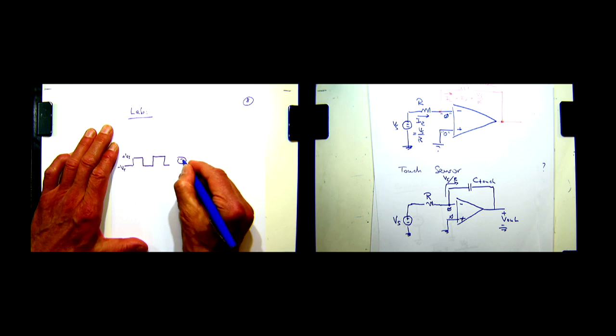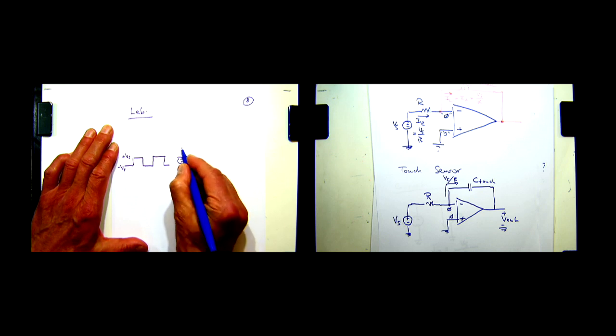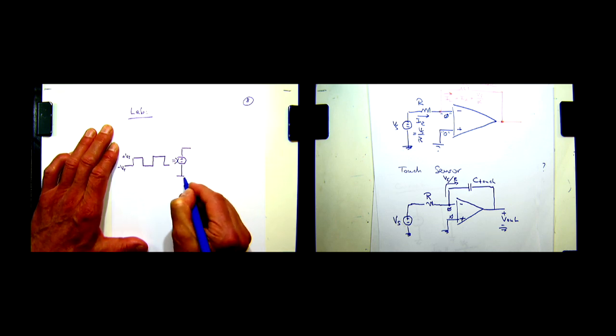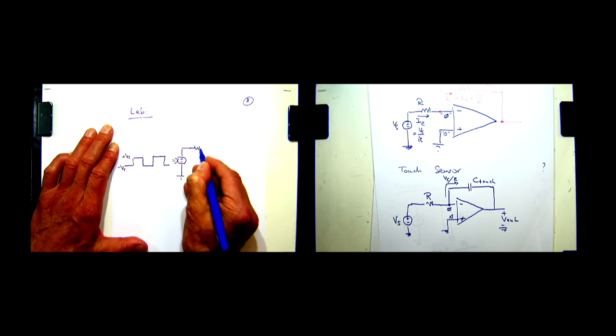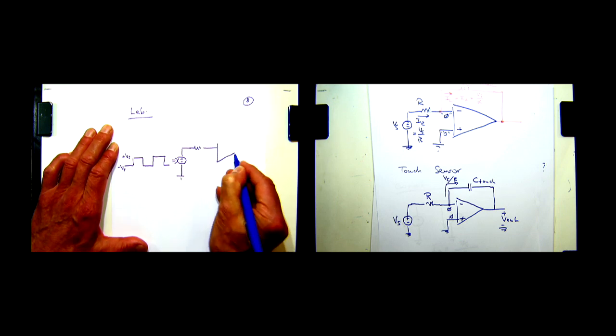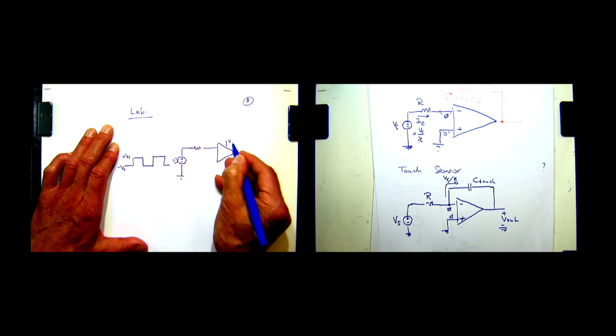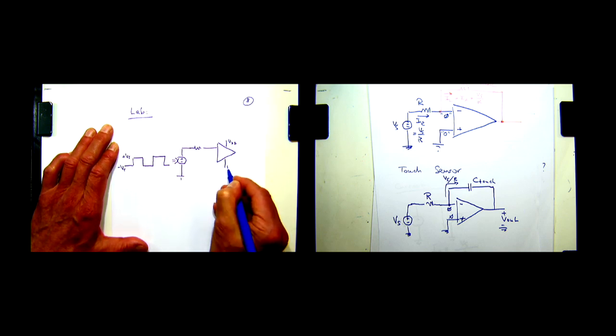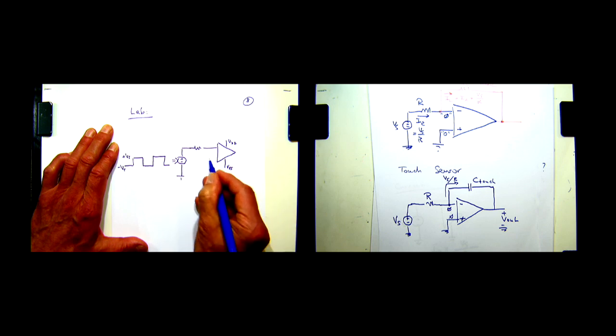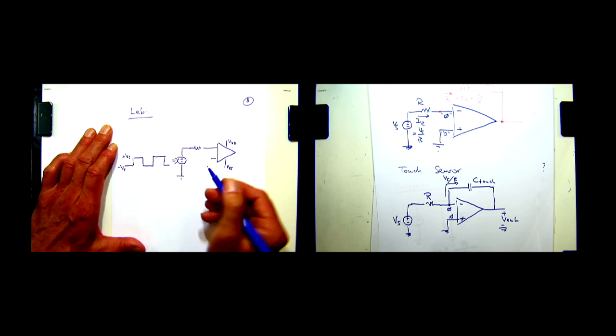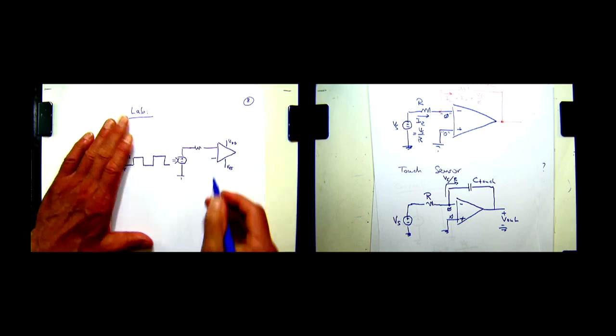Okay, and then this is really the source. You replace your constant Vs with that thing. You put the resistor here. You put the op-amp. In the lab, don't forget to hook up VDD and VSS. It's not going to work otherwise, but you just hook it up correctly. Don't mix them up, otherwise the thing gets very hot and you can burn your finger.